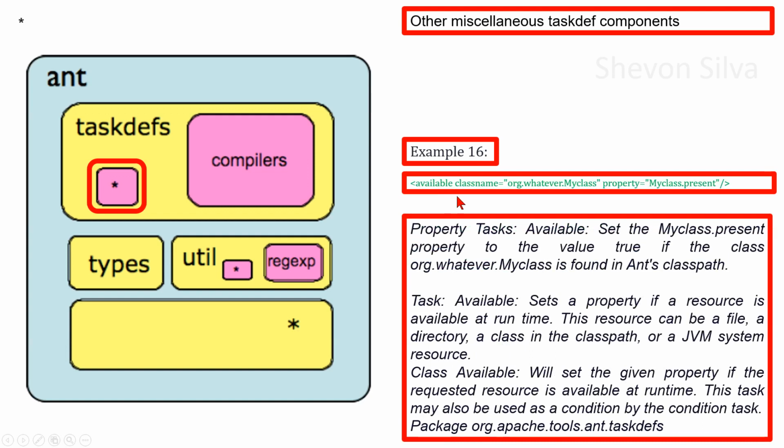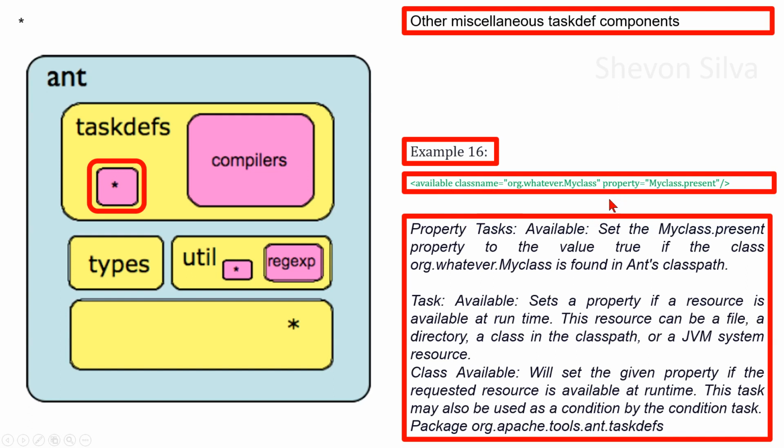Now we are considering available in property tasks. Here, set the myClass.present property to the value true if the class org.whatever.myClass is found in the Ant class path. Task available sets a property if a resource is available at runtime.